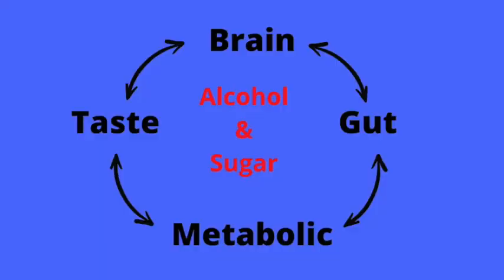If you think about us evolutionarily, we had a need to eat certain foods that provided energy for us. And there's brain signaling involved in that. And then there is the gut. We now know that there is a gut-brain connection involved in the cravings that we have for various types of foods and substances like alcohol.